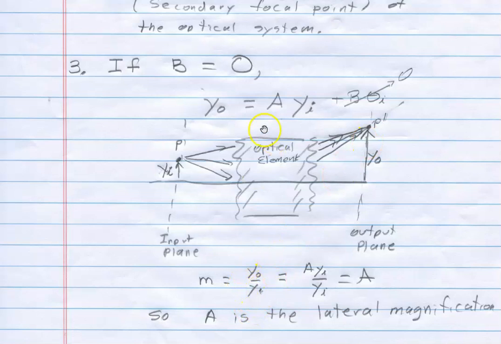And I know that y_o is A y_i, the y output is equal to A times y input. So the y_i's go out, and I get that the lateral magnification is A. So if B is equal to 0, then the matrix element A gives us the lateral magnification of an object.